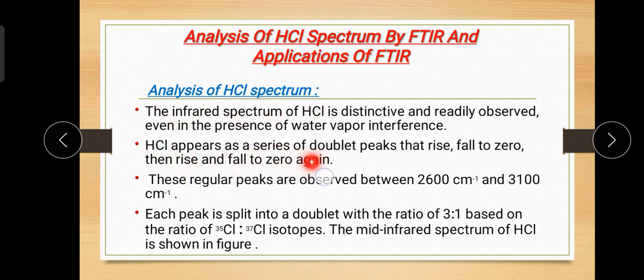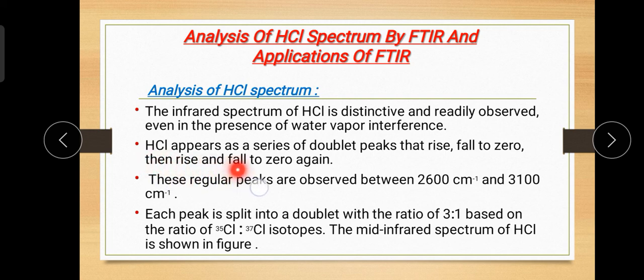HCl appears as a series of doublet peaks that rise, fall to 0, and then rise and again fall to 0. First it rises and after that falls to 0, and the same procedure repeats for the second peak.